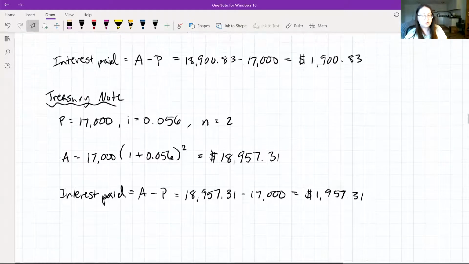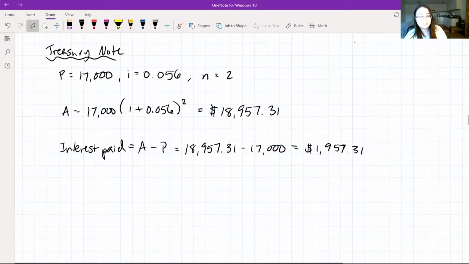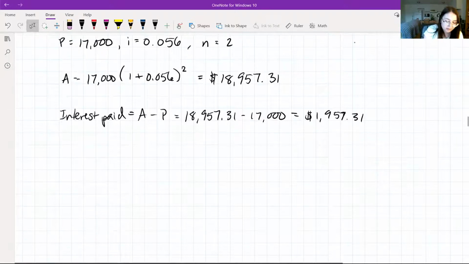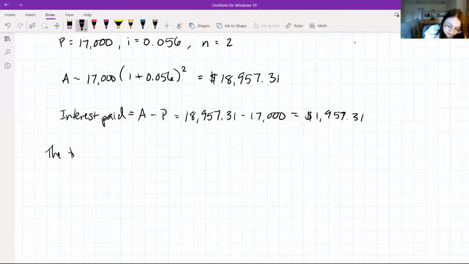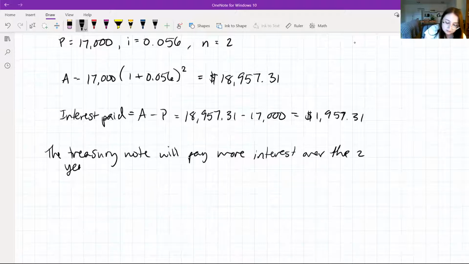So our question was just which investment pays the most interest over a 2-year period. We see clearly it's going to be the treasury note. So we'll say our final answer is the treasury note will pay more interest over the 2-year period.